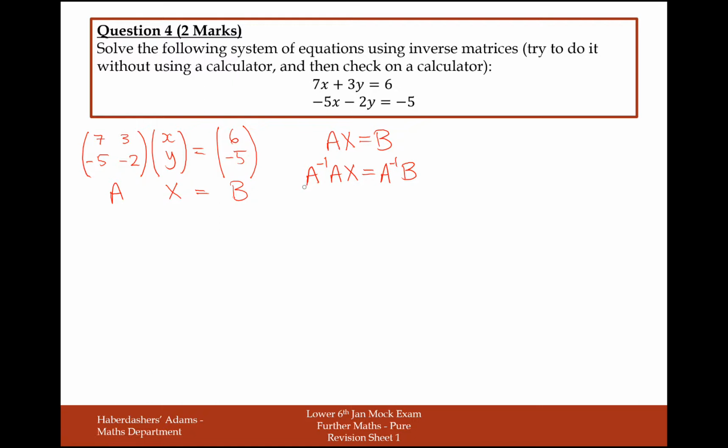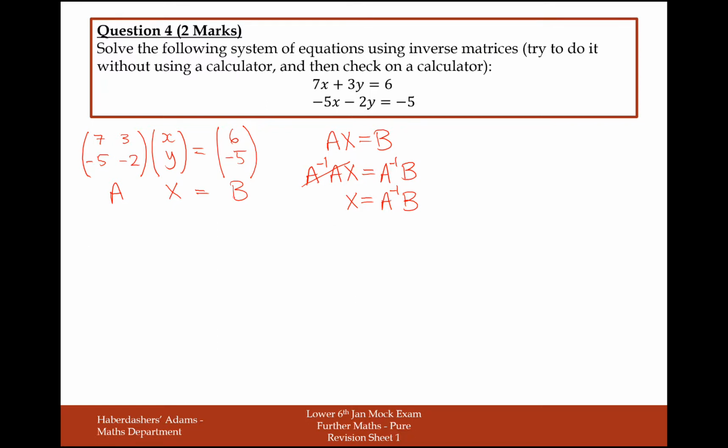This way, A inverse times A will cancel out, and I'll just be left with X equals A inverse B. So, all that's left for me to do is to find the inverse of our matrix A and pre-multiply that by the matrix B.